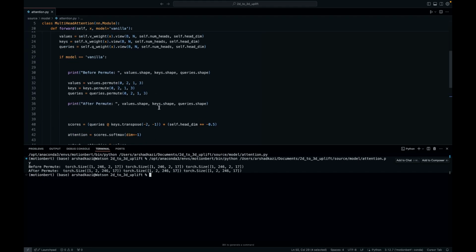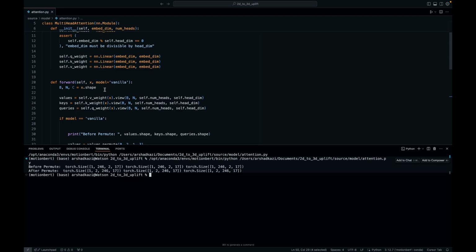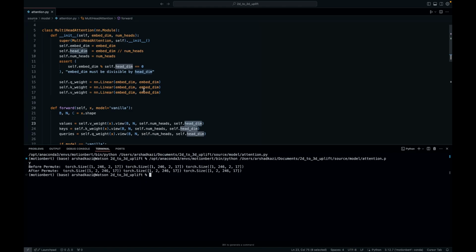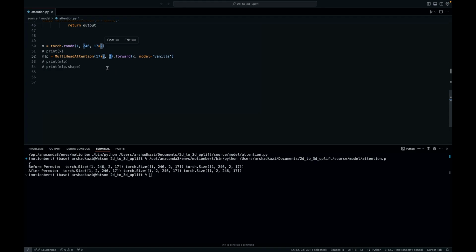Even here, for example, when we are reducing the third dimension into two more dimensions, there is the number of heads and the head dimension. As I'm passing the number of heads to be 2 here, this will be split from 17 by 2.